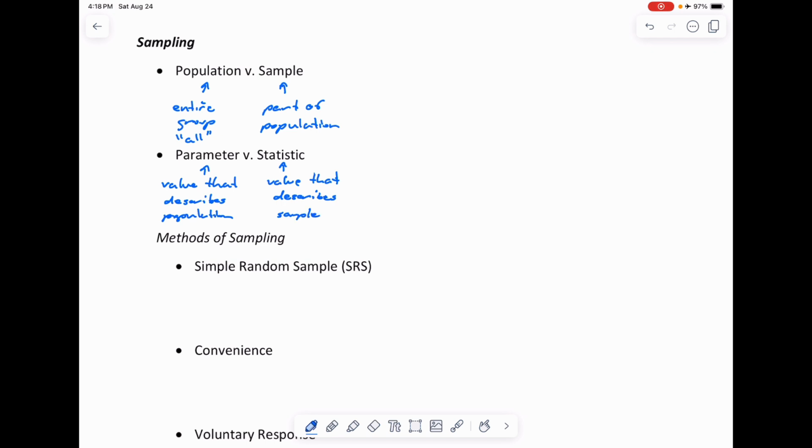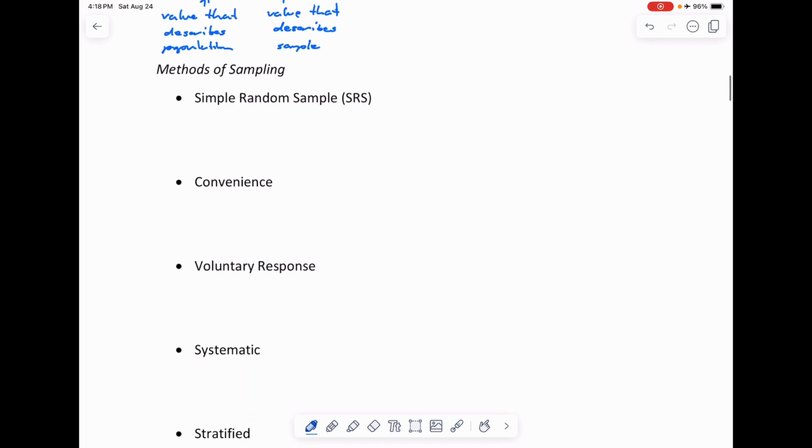If I'm talking about the mean of a population and the mean of a sample, there are two different symbols that we use depending on which group I'm talking about. Same with standard deviation and so on. So it's important that we make clear whether our data, our numbers, refer to the population or to the sample.